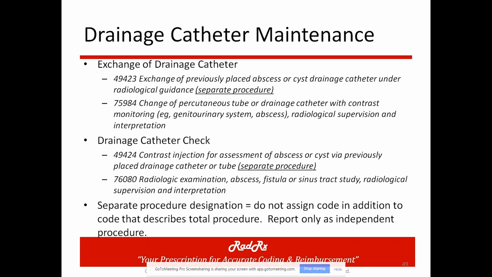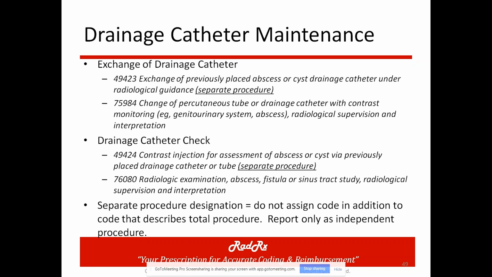And just a side note that I want to point out, because this is an area that people always get confused about too, is fluoroscopy. Fluoroscopy has that separate procedure designation, the 76000. I'm not specifically talking about that today, but basically what that means is the majority of the time that code isn't going to be reported separately.